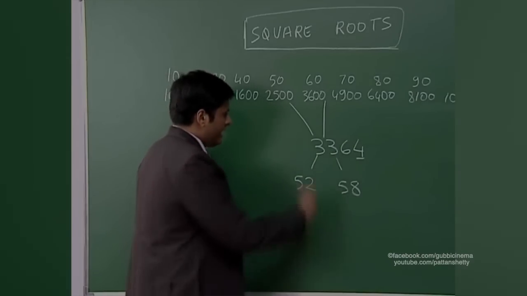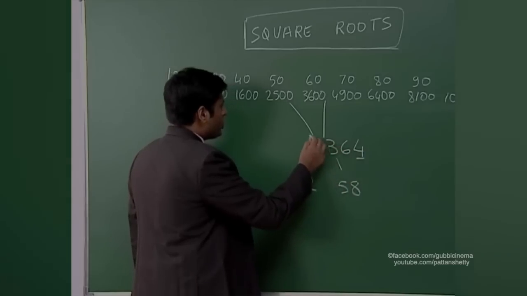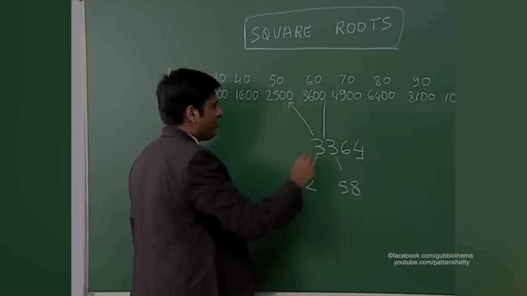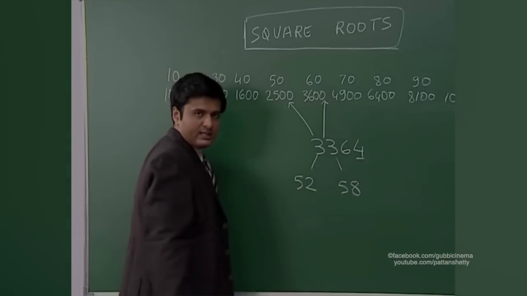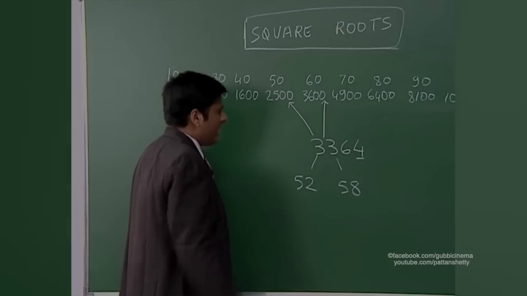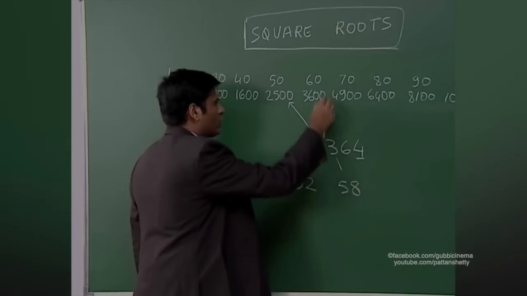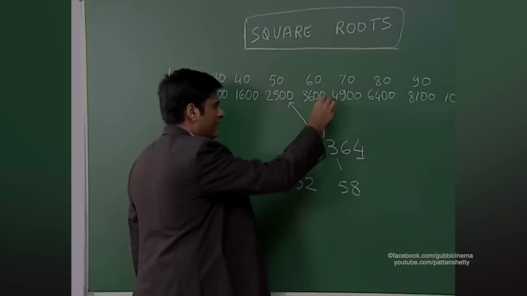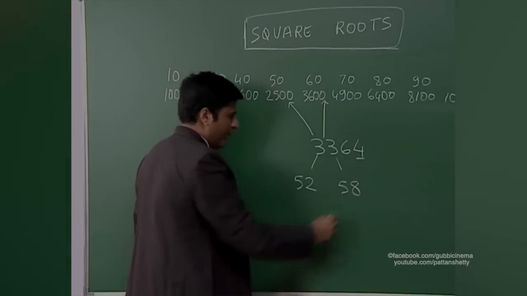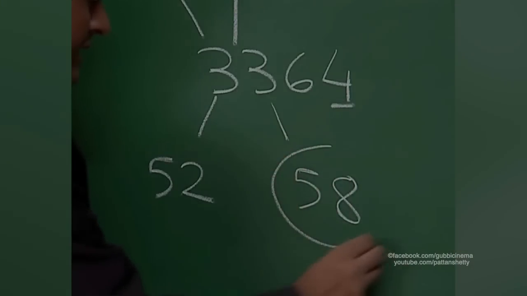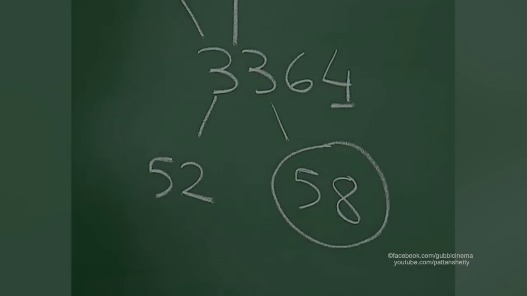Ask yourself, is 3364 closer to the smaller number 2500 or the bigger number 3600? We see that 3364 is closer to the bigger number 3600. So out of these two numbers, 58 is the square root of 3364.